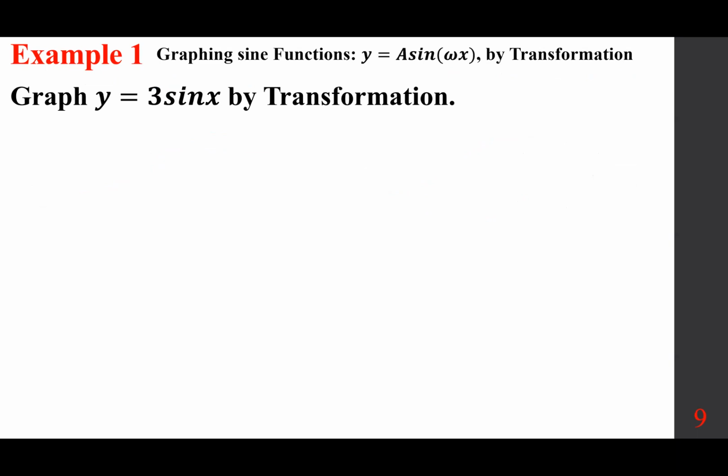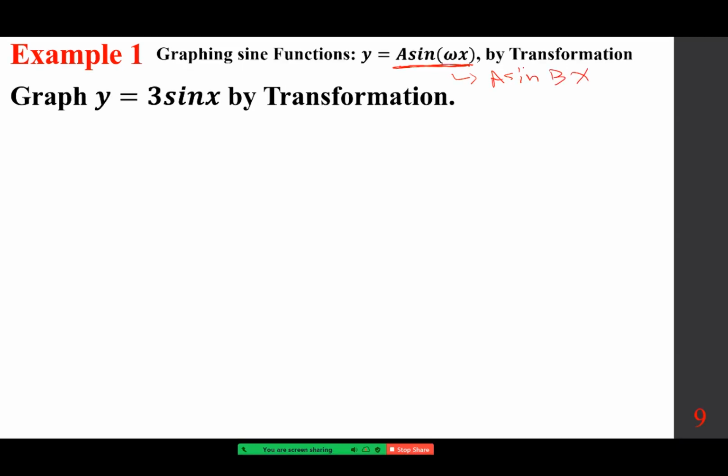What do we notice? It's important to notice that a sine omega x is the general format. A, in an absolute value sense, is called the amplitude. Omega, we have the formula. In some texts, they use a sine bx.